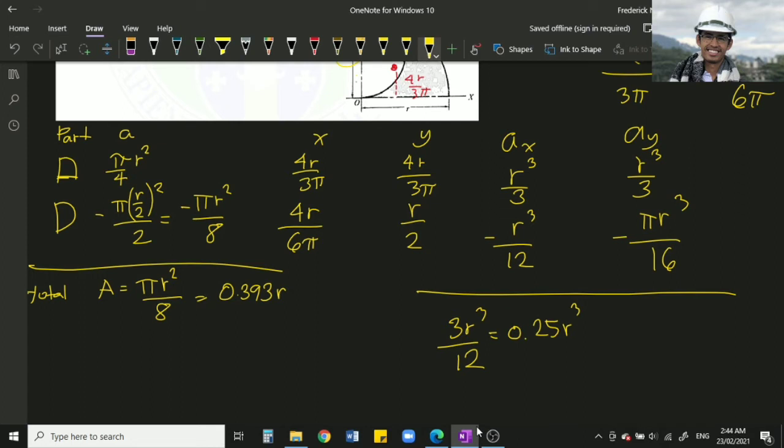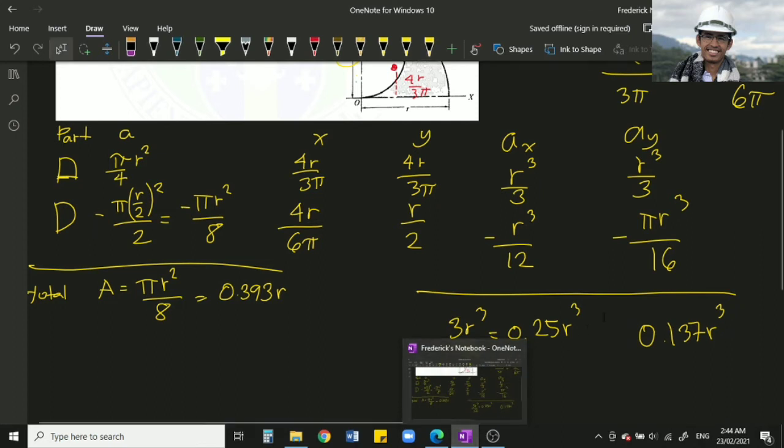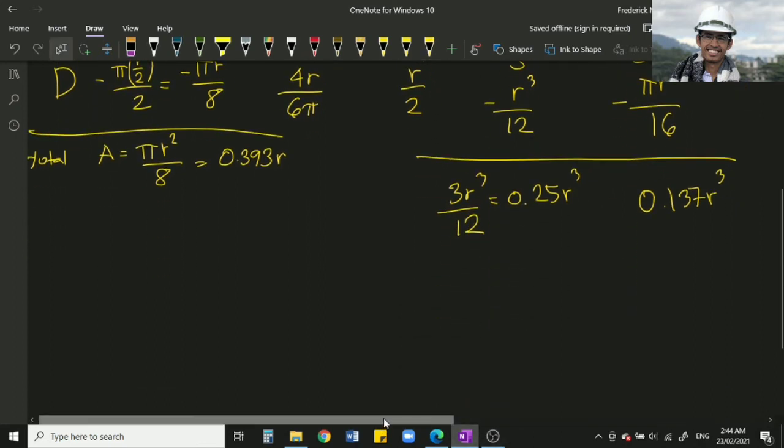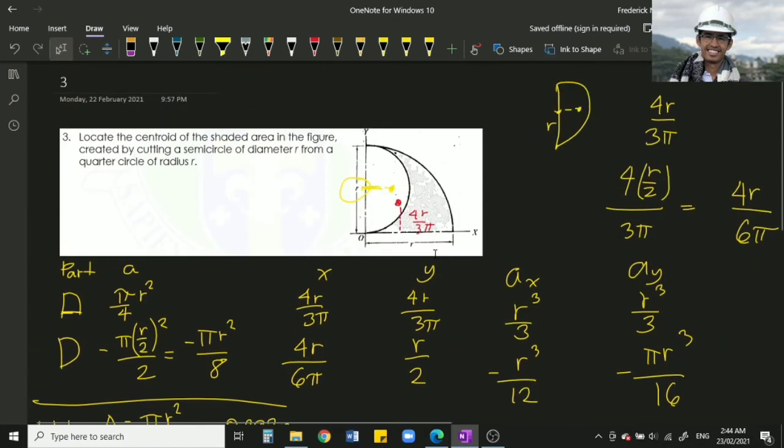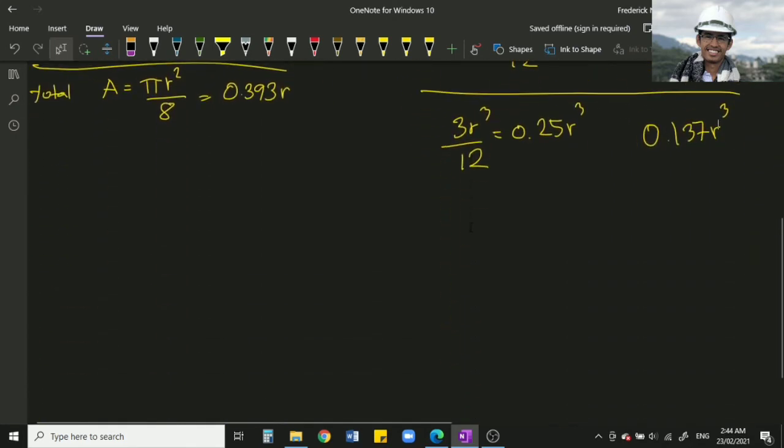Let's go straight to the calculator. So that will be 0.137 r cube. Therefore, we can now get the centroid of our shaded part, of our area.